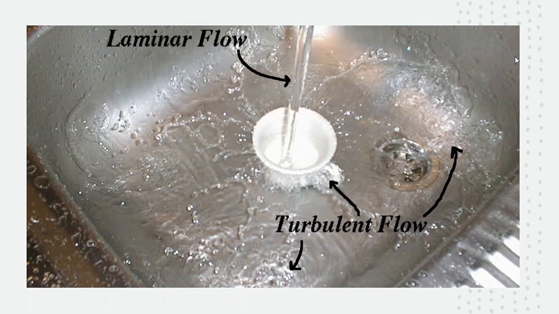On the tap, we'll see a flow like this, a laminar flow, which is going to fall into the sink. That is a laminar flow. The velocity at any point in the flow of water is constant. I mean, the velocity doesn't change with time. So that is known as laminar flow.